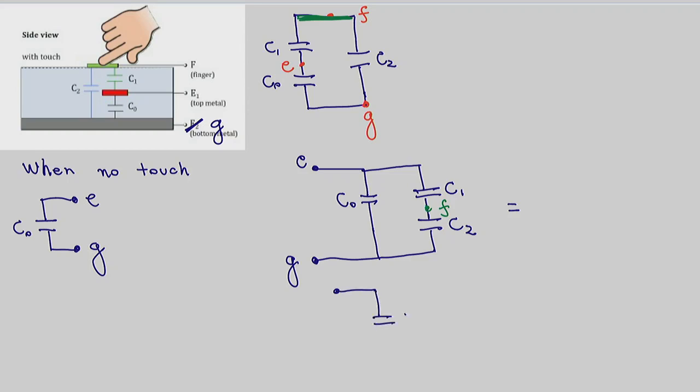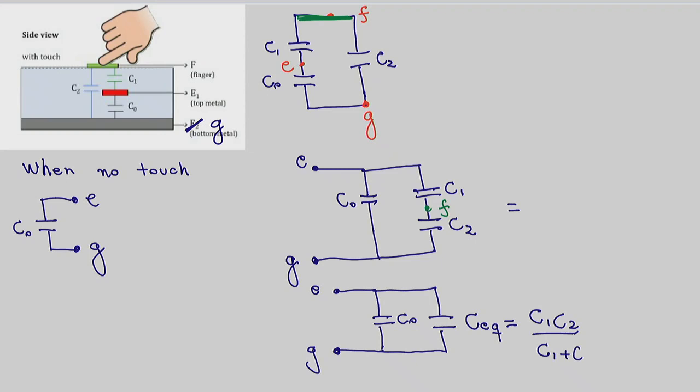I know that C naught is always there. And then the capacitor equivalent to C1 connected in series to C2 between E and G is given by the series operator, C1 C2 over C1 plus C2.